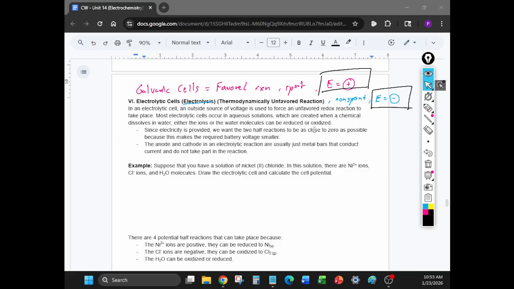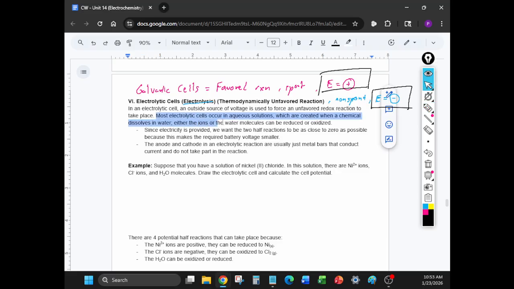Alright, so a couple things about electrolytic cells. Most electrolytic cells happen in aqueous solutions, which are created when a chemical dissolves in water. And basically what happens is either the ions that are dissolved in the water or the water molecules themselves can be reduced or oxidized.